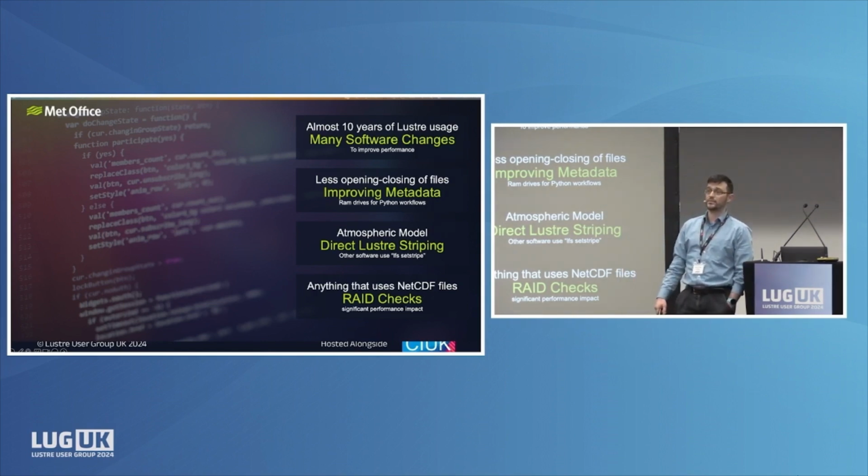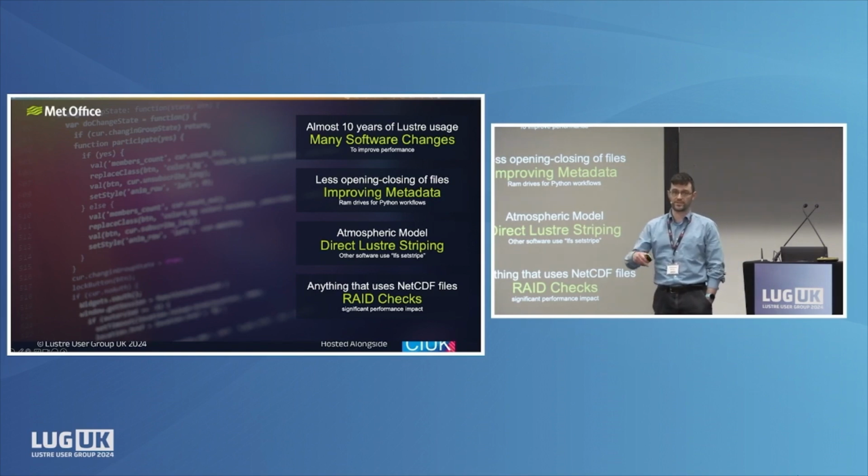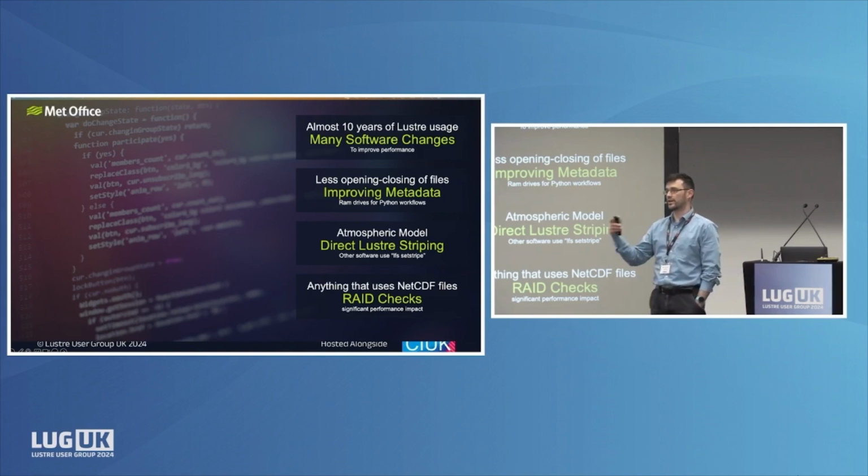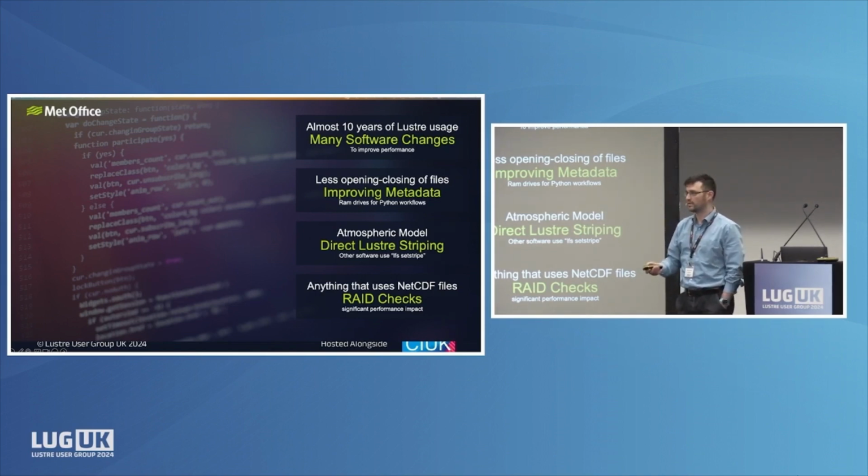We noticed that metadata performance was one of the first things that hit us. In our atmospheric model at the beginning, every task was opening the file, reading the file and closing the file, and that was creating a lot of pressure on the metadata server. So one of the first things we learned to do is just open the file once and send it around. That's for normal models.